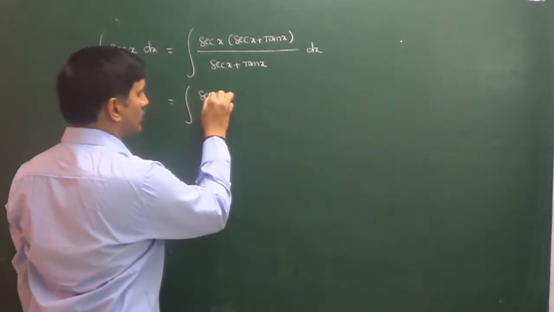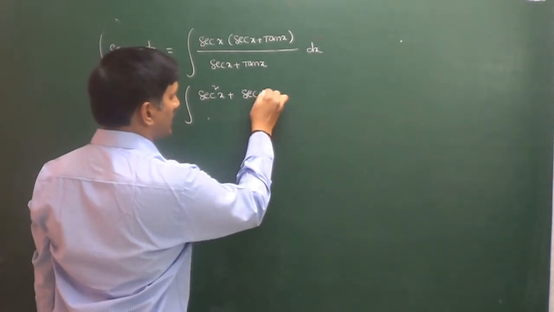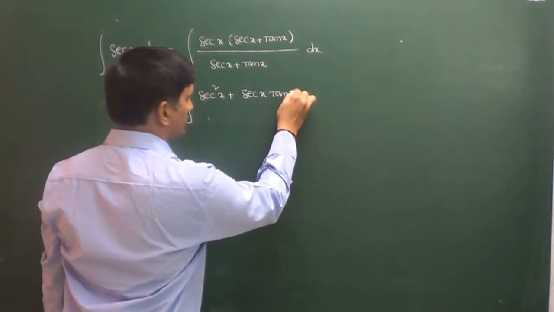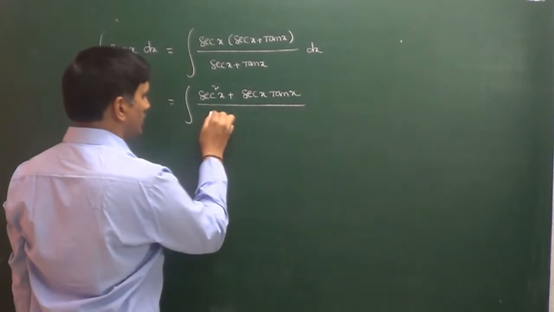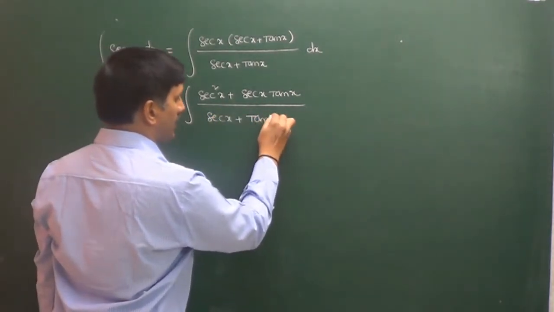Now the numerator becomes secant square x plus secant x into tan x, divided by secant x plus tan x.